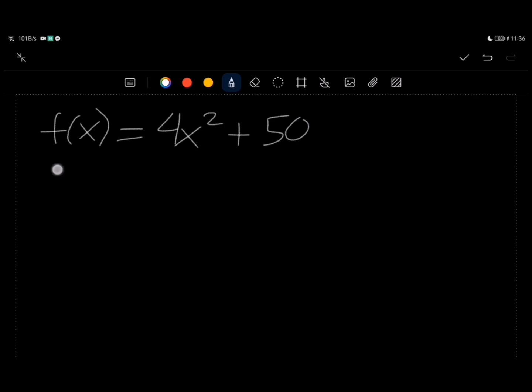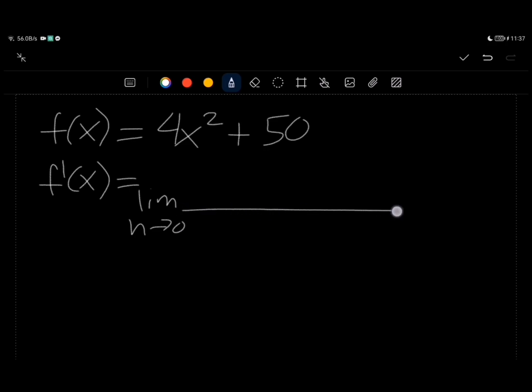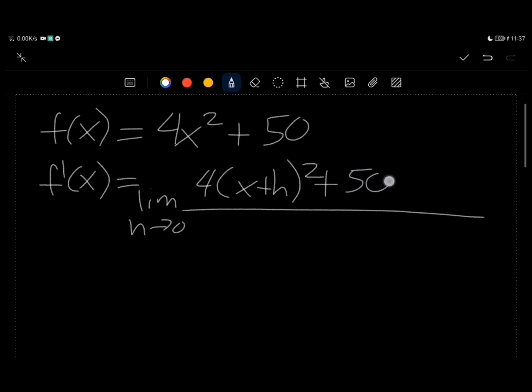F prime of x is equals to the limit as h approaches 0 of 4 times (x plus h) squared plus 50 divided by h. So that's our first step.